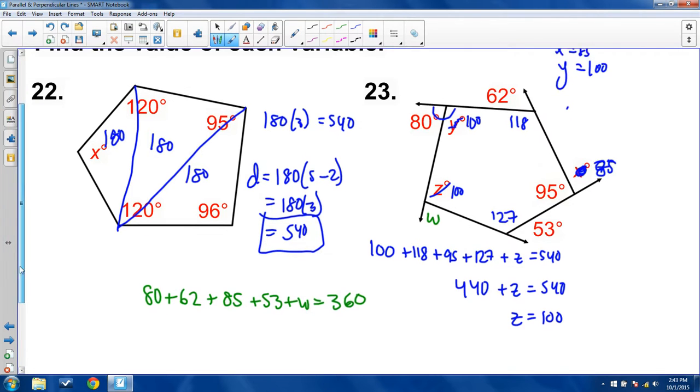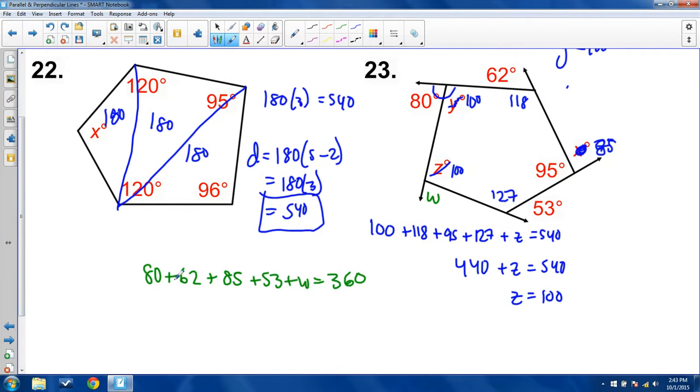Doesn't matter how many angles there are in the polygon, once again. So 80 plus 62 is 142, plus 85 plus 53, that becomes 280. Whoops, plus w equals 360. Subtract 280, you're going to get w equals 80.